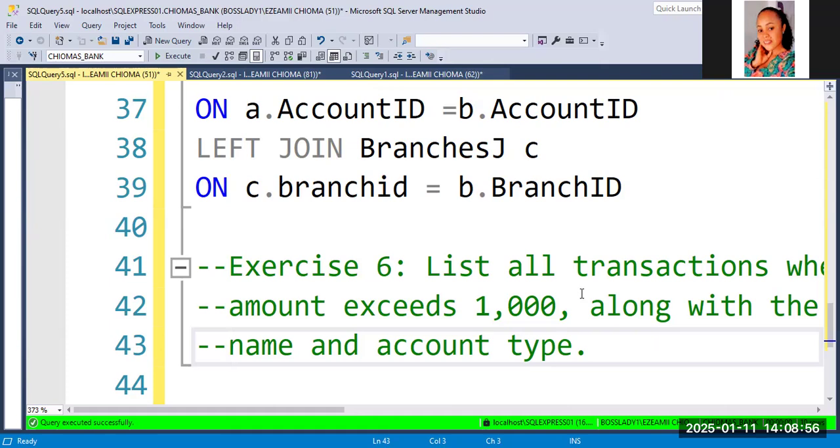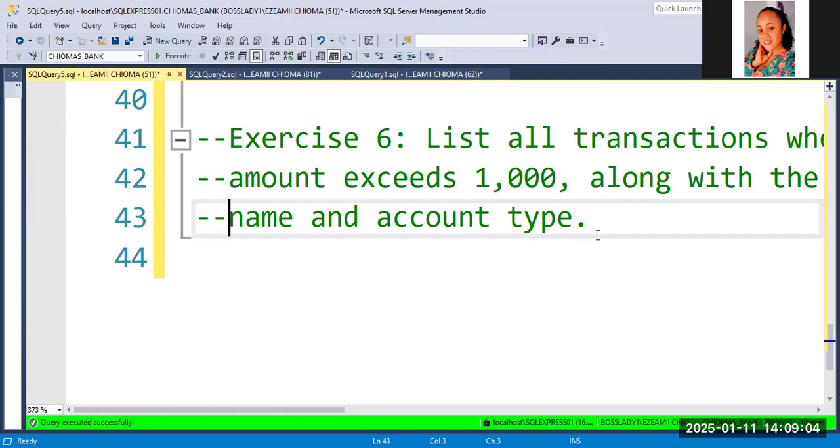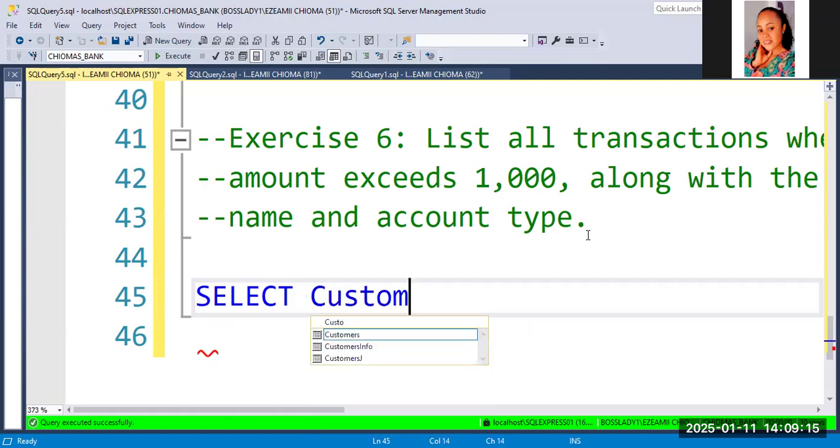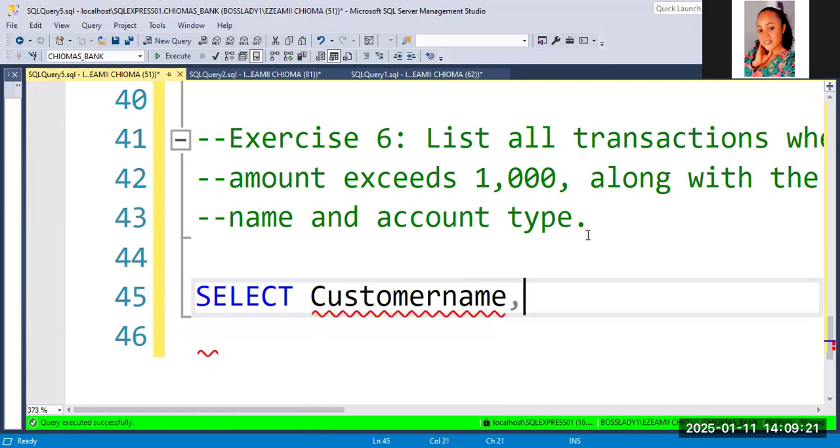Okay, so when we get the transactions, we're going to filter to give us only those that have 1,000 and above. So let's select customer name. I just want it to be simple. You can select all the records, you can select anything you want. You can select transaction ID, customer ID, even transaction date.